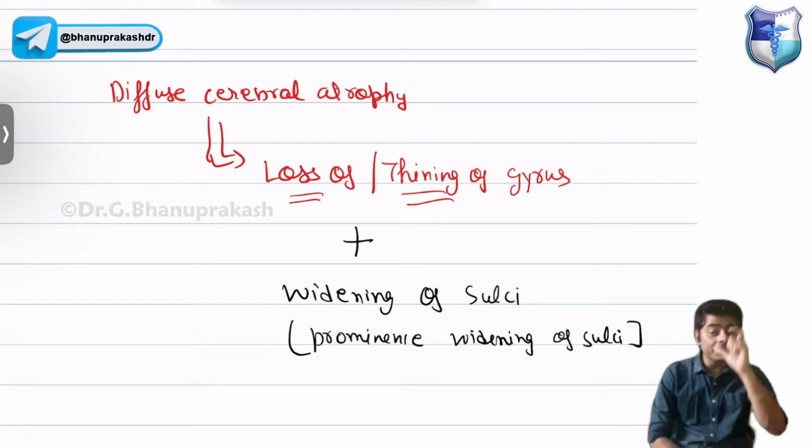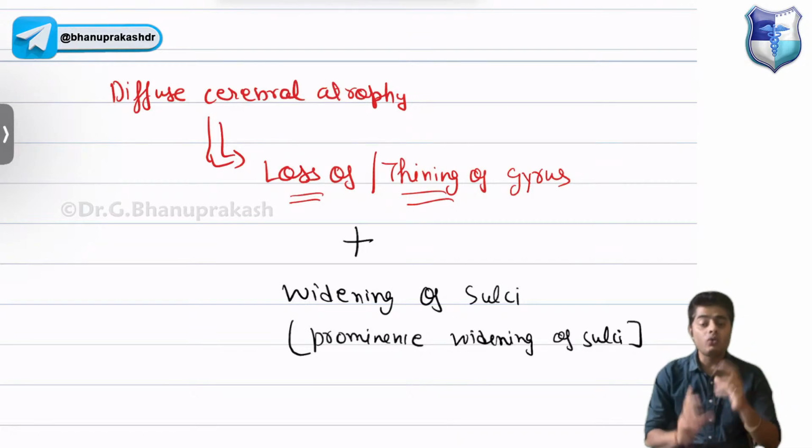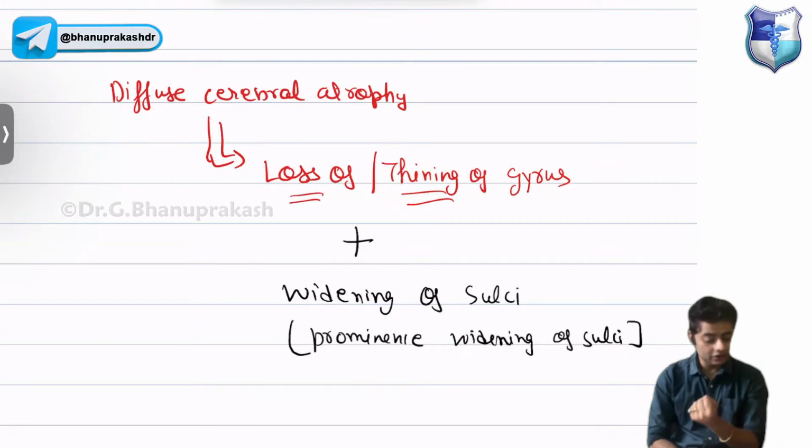So if you do a CT scan or MRI of this patient, you will get widening of sulci and loss of gyrus. Okay, everyone.